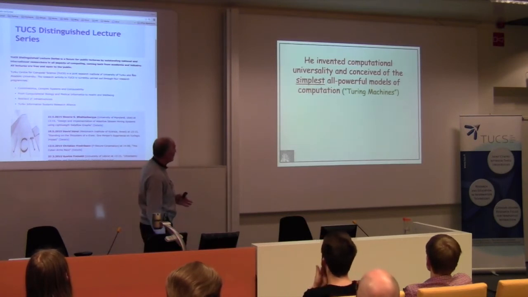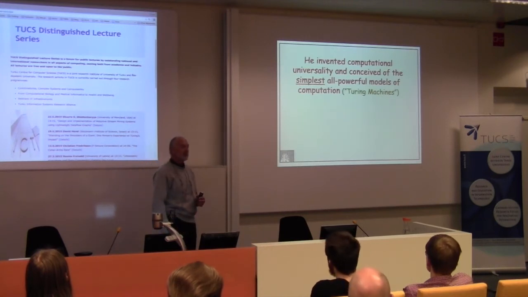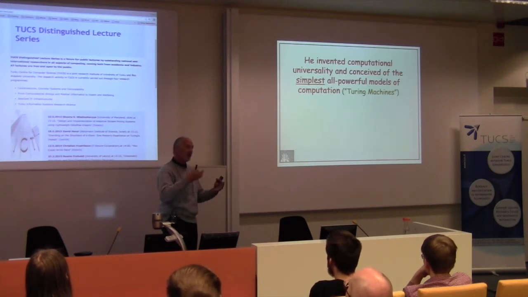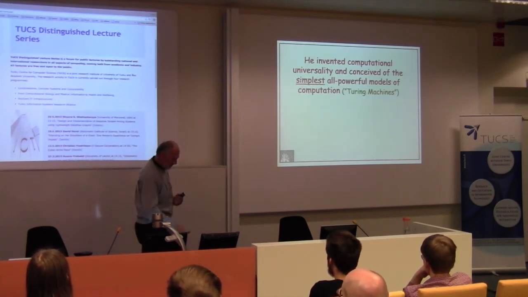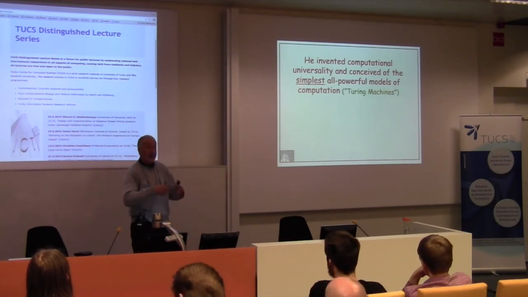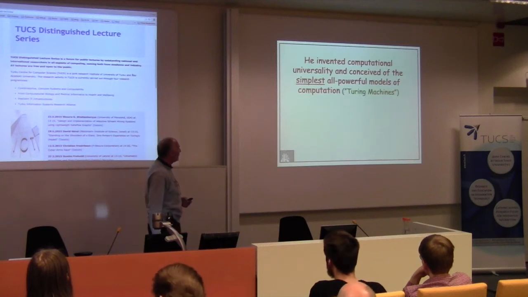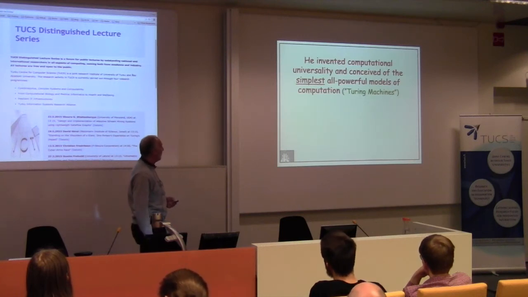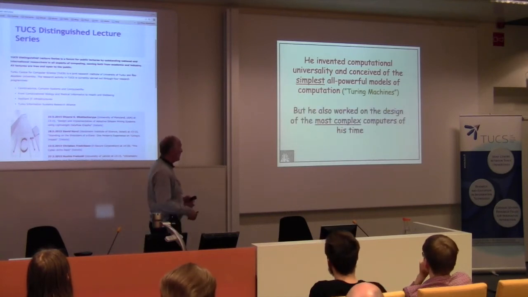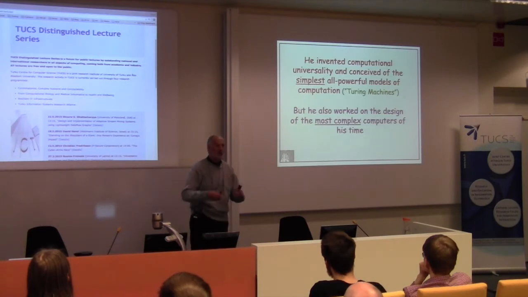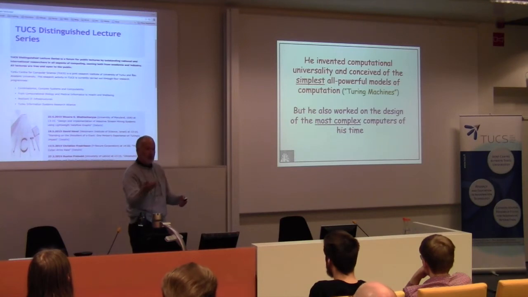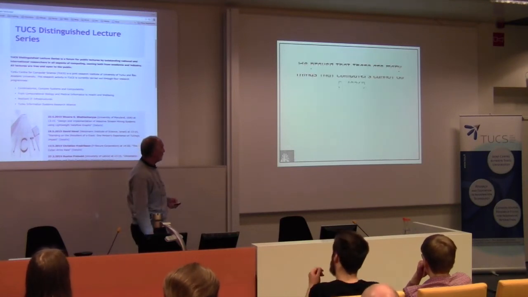Turing invented computational universality, which is the idea that you can build a computer, well, he co-invented it, this was also apparent in the work of von Neumann and others, a computer that can do anything by being programmed. And he conceived of the simplest all-powerful model of computation, for example, Turing machines. But on the other hand, he also worked on the design of the most complex computers of his time, for example, the machine he built to break the Enigma. So here we have simplicity and complexity in one person.